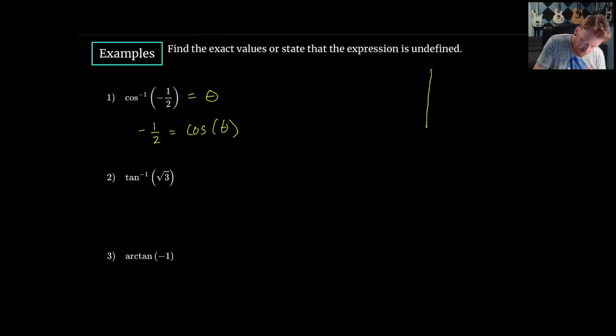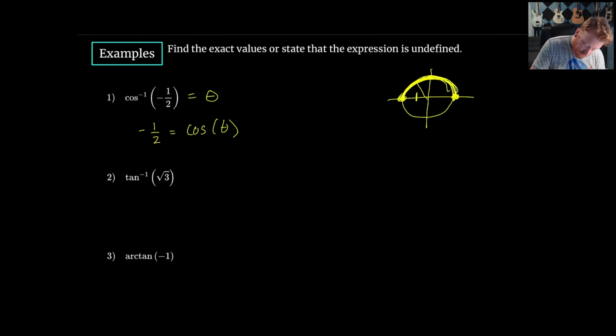Well, let's draw a picture here. Here's my unit circle. I'm looking for where cosine is -1/2. Well, -1/2 is over here. So remember that for cosine, we're looking at this restricted area up here, going from 0 to pi. So we're looking at the top half of the unit circle for cosine. And so where is it -1/2?